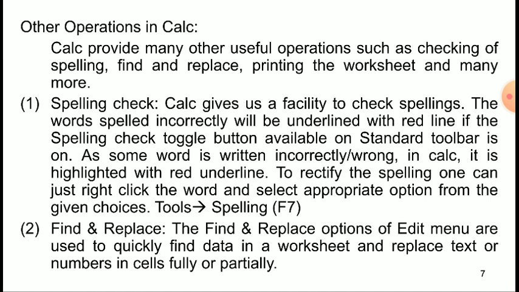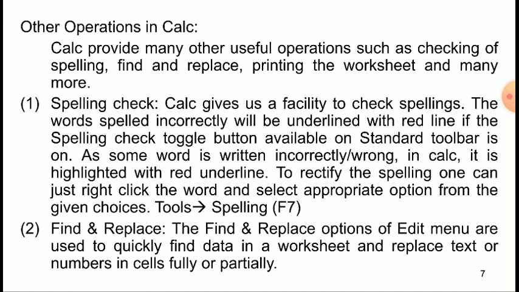Next is other operations in Calc. Calc provides many other useful operations such as checking of spelling, find and replace, printing the worksheets, and many more. First I will explain the spelling check. Calc gives us a facility to check spelling. The words spelled incorrectly will be underlined with a red line.